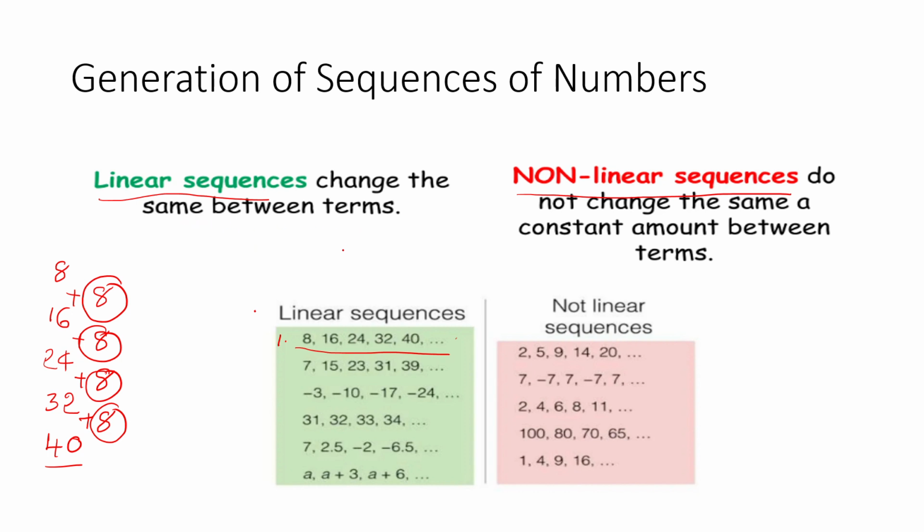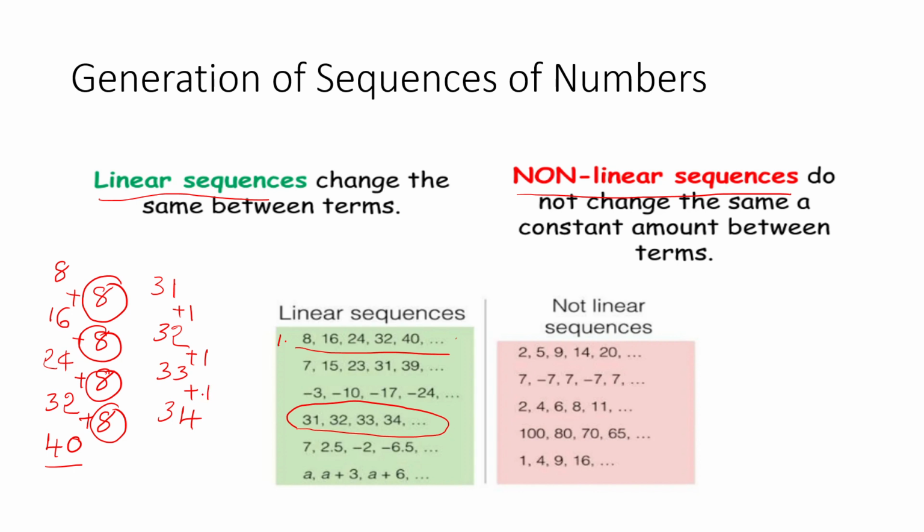Another simple example, this one: 31, 32, 33, 34. I am just writing the sequence here. Very simple. Along with 31, when I add 1, I will get 32. Here again plus 1, I will get 33. Plus 1, I will get 34.